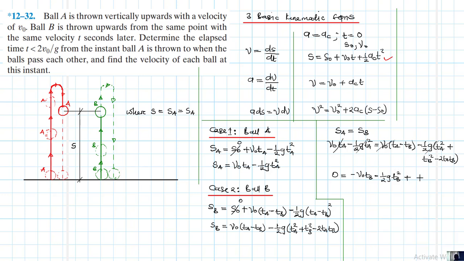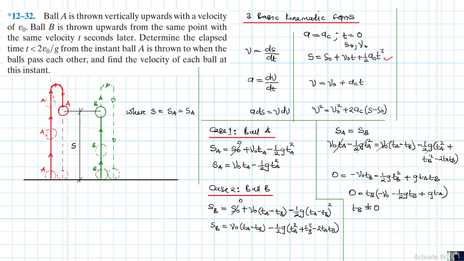This becomes a plus G TA TB. Okay, so we can factor out the TB, so it becomes TB minus V naught minus half G TB plus G TA. Okay, so at this particular point, TB is equal to 0.